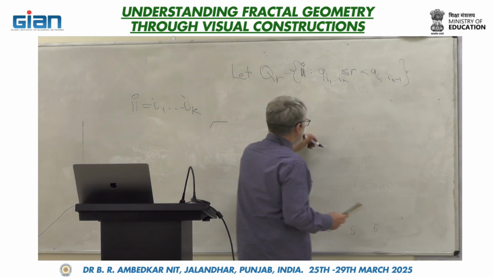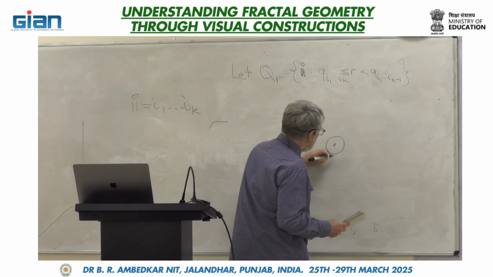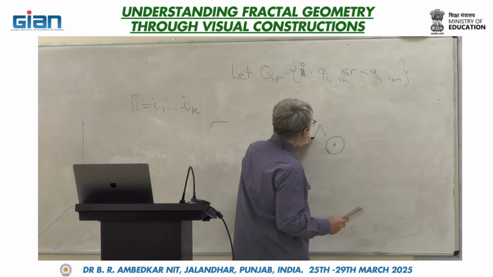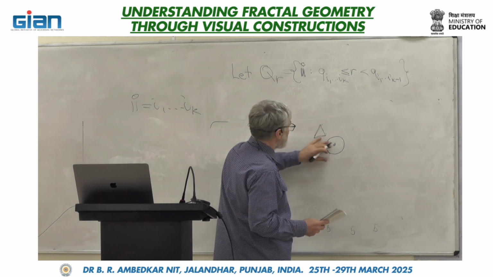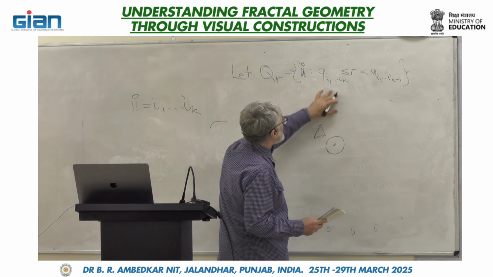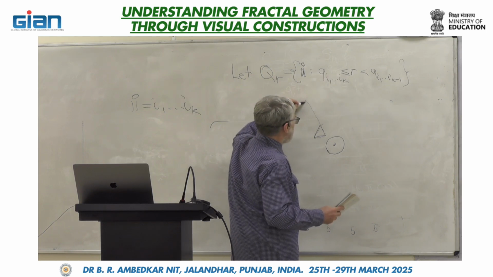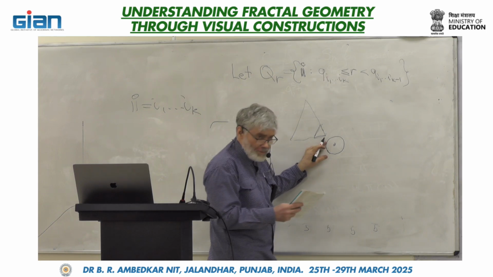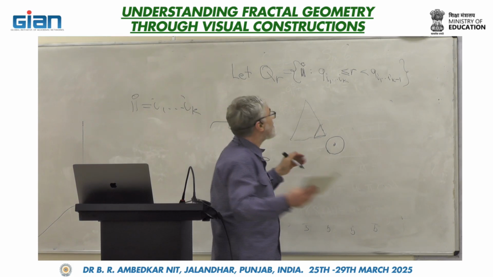So what will be QR? We have this ball and we consider the copies whose diameter is smaller than the diameter of the ball, but the previous copies for them are greater than this ball.